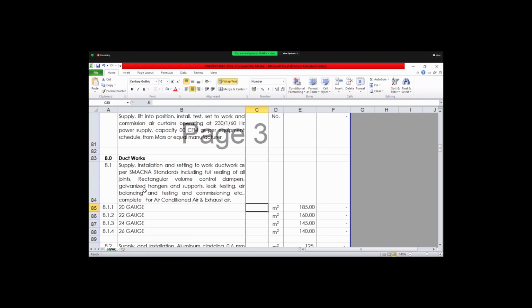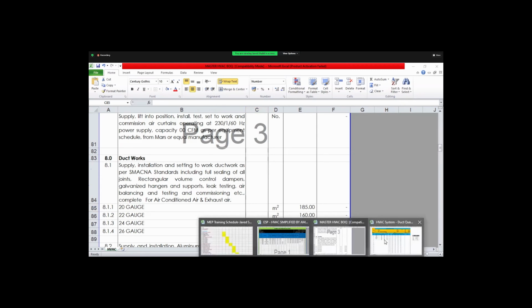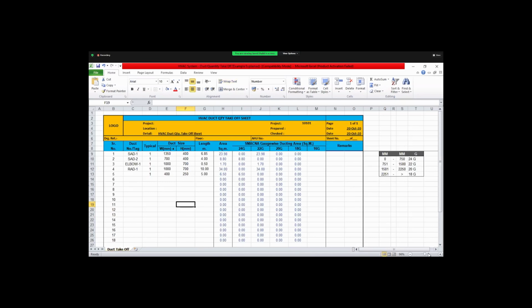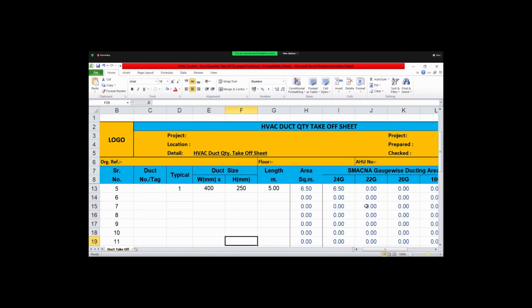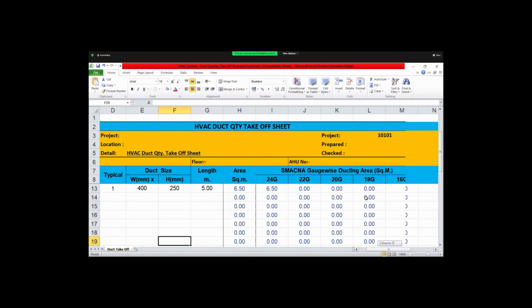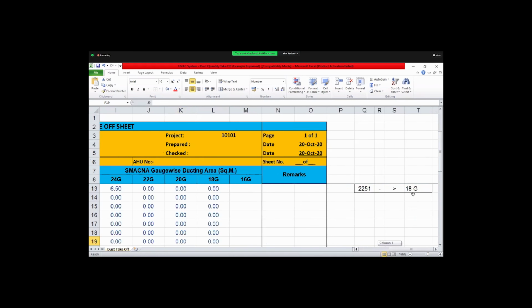As per the width of the duct, as per ASHRAE, if the size is from 0 to 750 mm, we have to provide 24 gauge sheet.